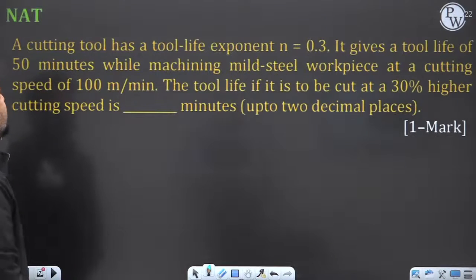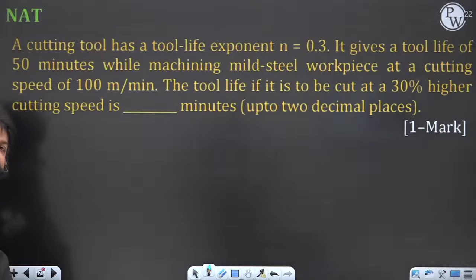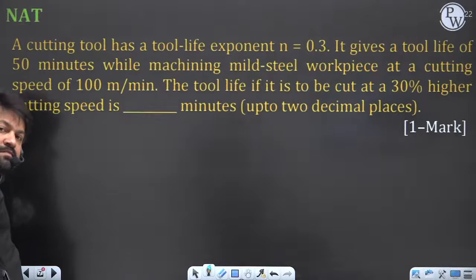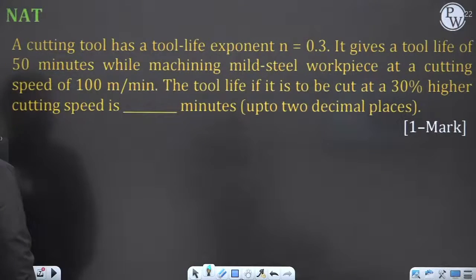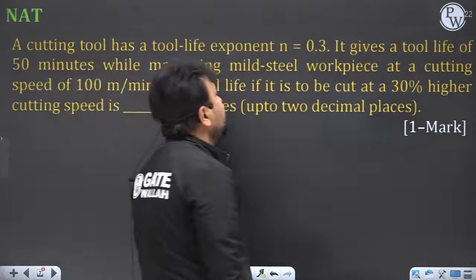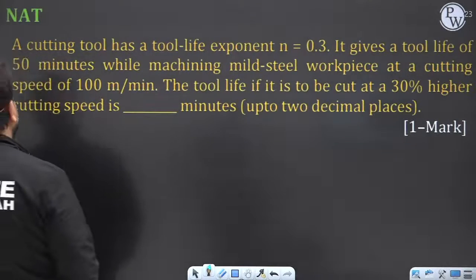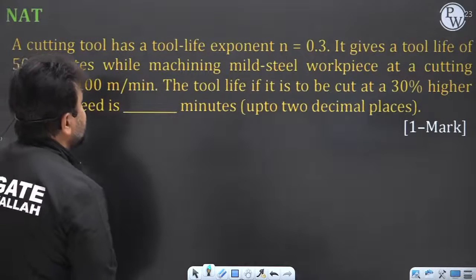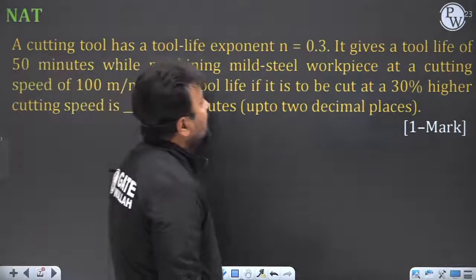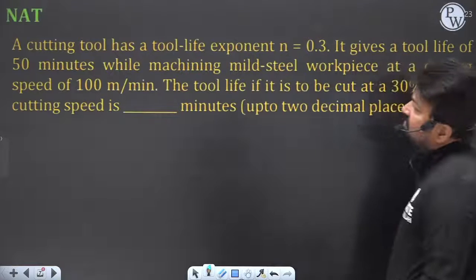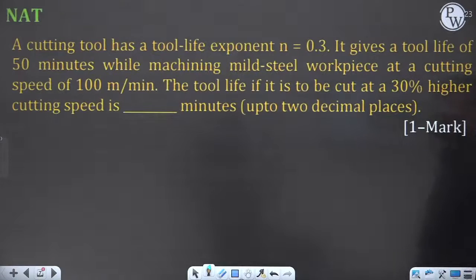A cutting tool has a tool life exponent given. Again, it's a very simple question. A cutting tool has a tool life exponent n equal to 0.3. It gives a tool life of 50 minutes while machining mild steel workpiece at a cutting speed of 100 meter per minute.